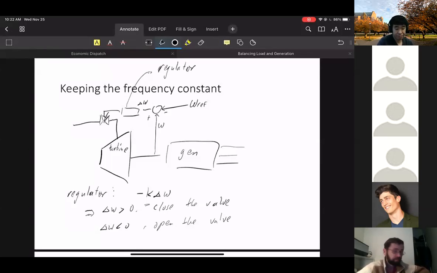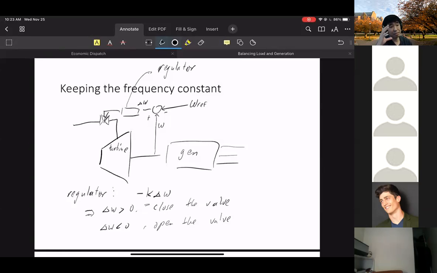So you see the regulator is like minus k times delta omega. What does regulator mean here? This is a feedback control. The regulator controls basically how much steam, you can think of it as fluid, is going into the turbine.